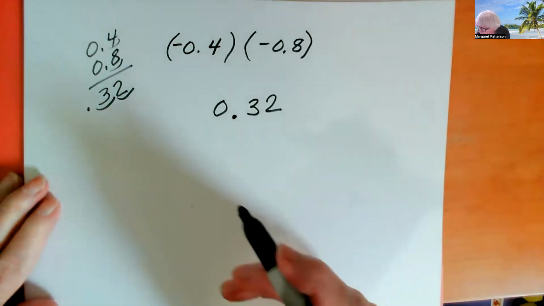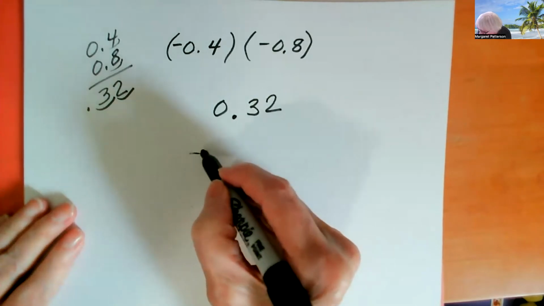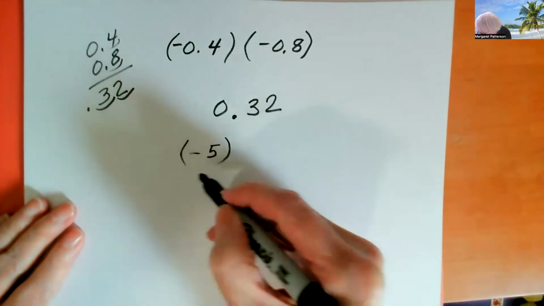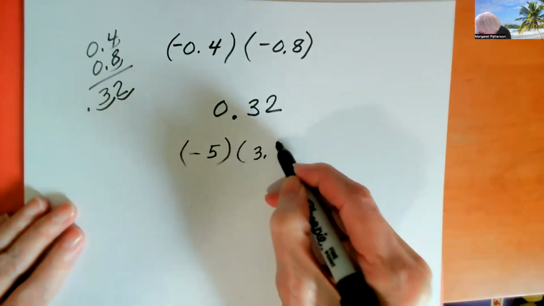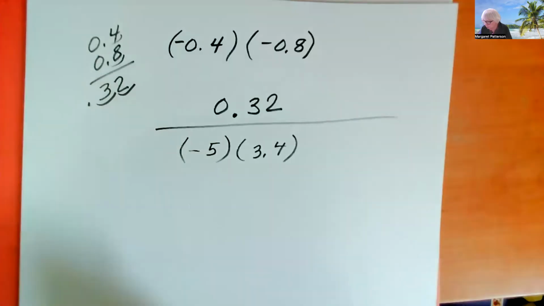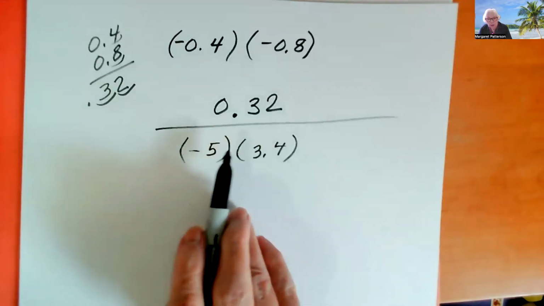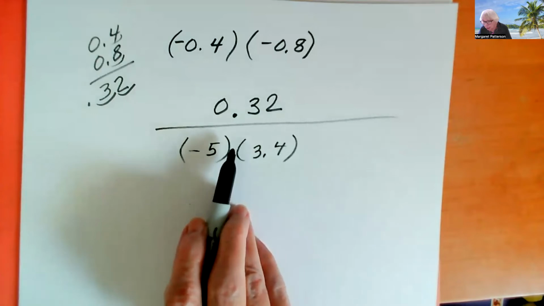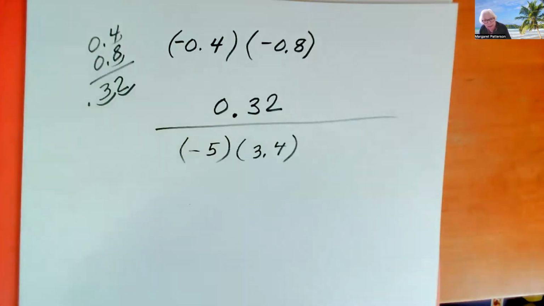And so let me try this one. Negative 5 multiplied by 3.4, 3 and 4/10. It's a different problem. So again, it's multiply because there's nothing between the two. The parentheses are indicating that.